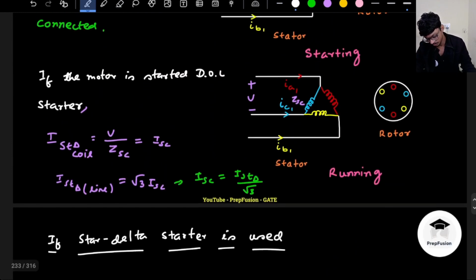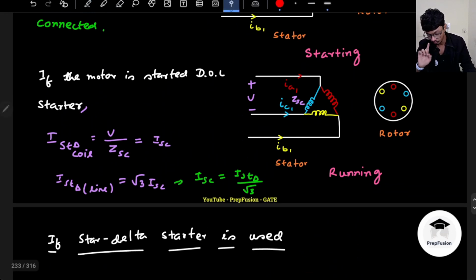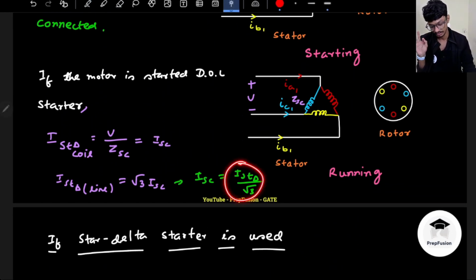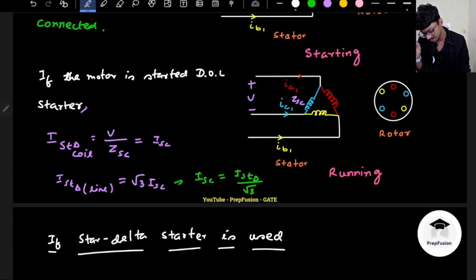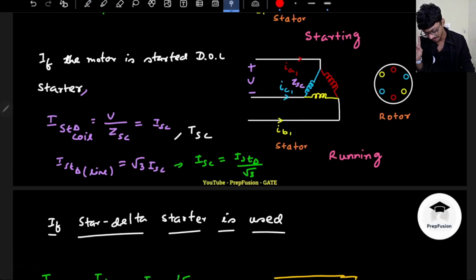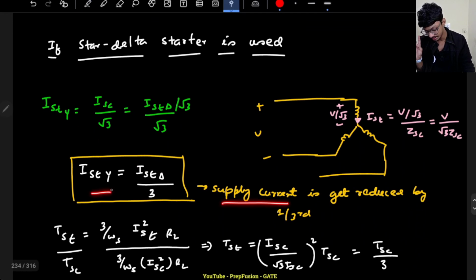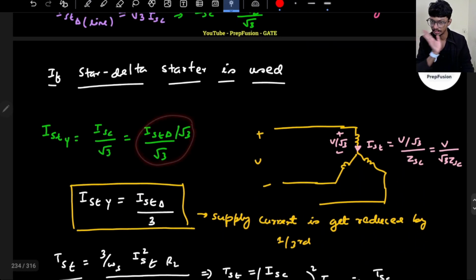Same you can do it here as well, because why did I have to do this? Because I wanted to compare the line current. In delta the line current was different, but remember the starting current of the coil is still ISC, right? So starting torque is still TSC here, right? But as I'm comparing the line currents, this is the supply current, that's why I have to convert it into delta.